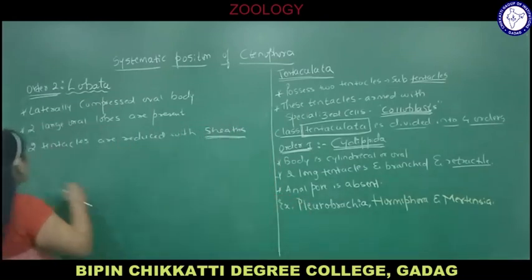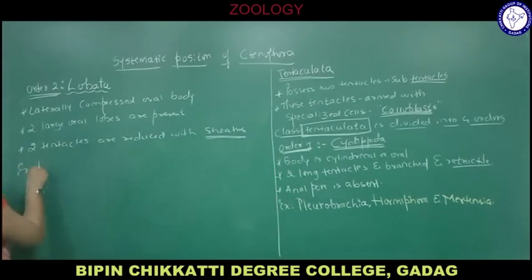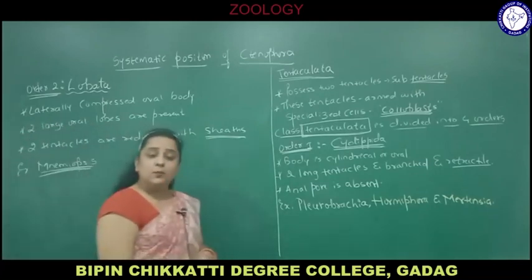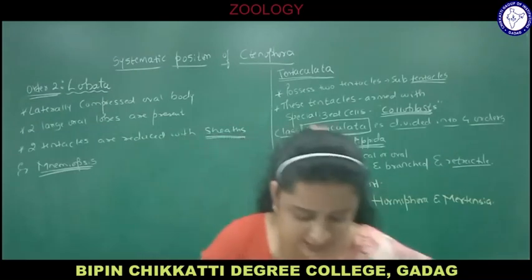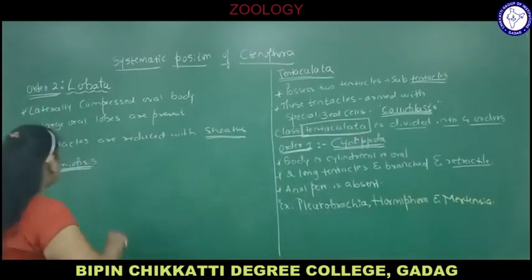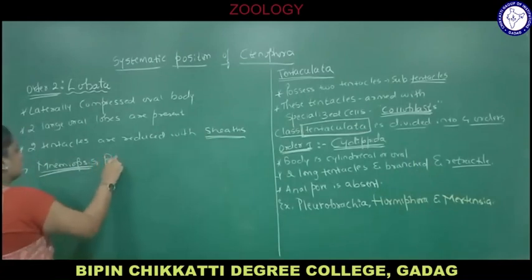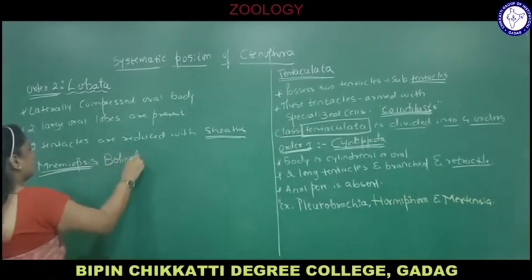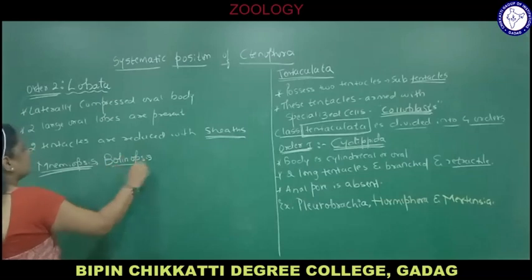M is silent. Nemiopsis is the example of order Lobata under class Tentaculata. Bolinopsis also. Bolinopsis and Nemiopsis are the examples of order Lobata.